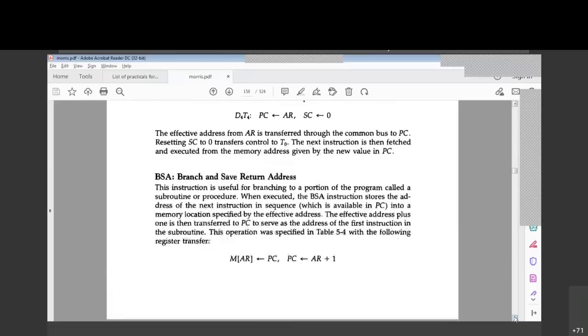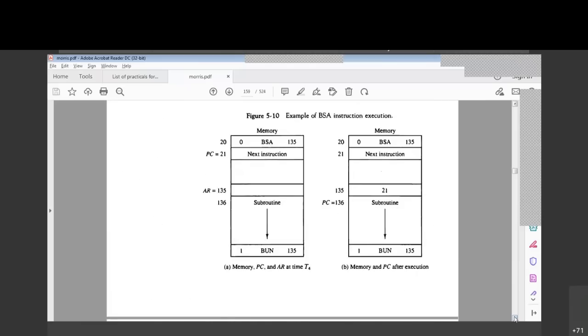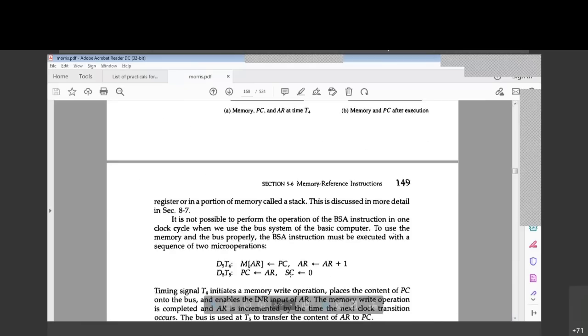Branch and save return address was something you need to understand and write the instructions. Okay, पहले PC का content AR में डाल दो, AR को increment कर दो. Then store AR to PC so that your subroutine वाली location gets executed. Fine, and then reinitialize your sequence counter.